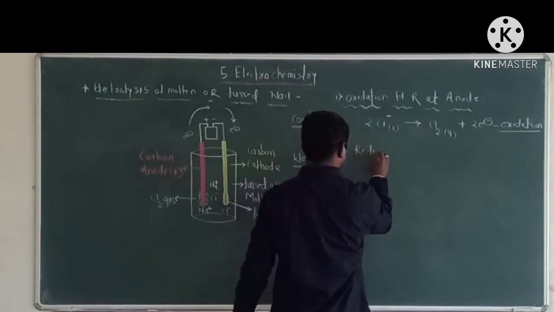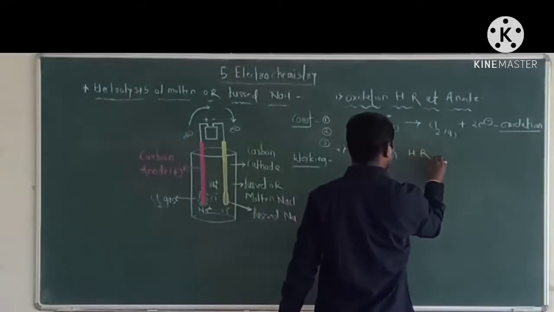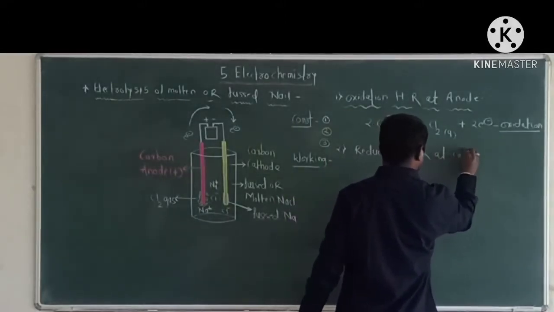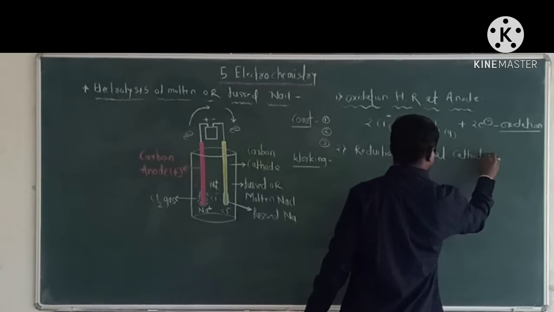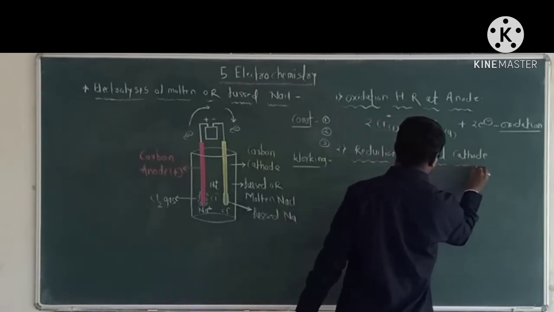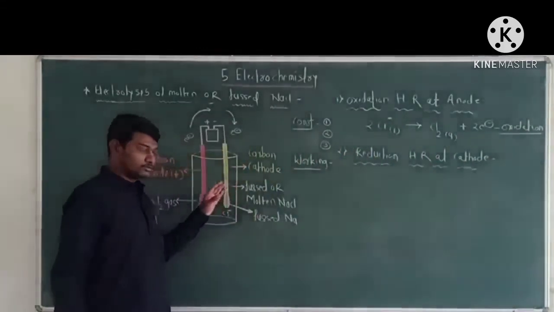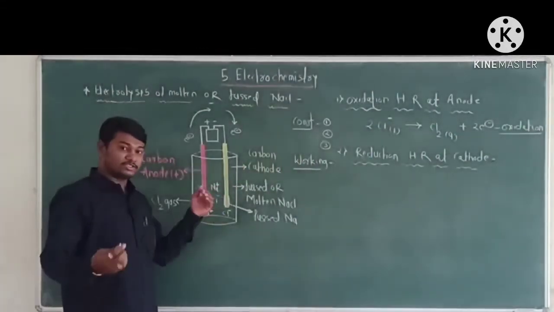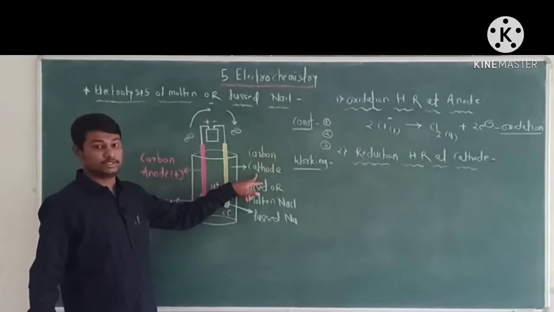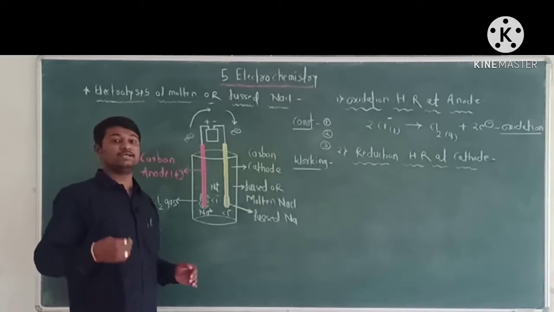Second, the reduction half reaction at the cathode. At the cathode, the Na+ ion accepts the electron from the cathode and is reduced into metallic sodium.